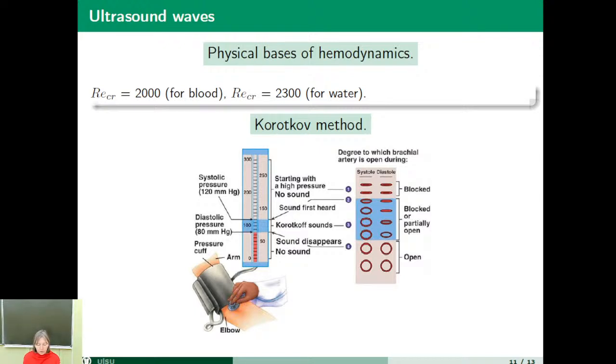Medical application of transition between laminar and turbulent flow of blood is connected with measuring of blood pressure by the Korotkov method. In accordance with this method, systolic upper pressure is measured at the moment when blood begins to squeeze through the hole in the artery compressed by the cuff.